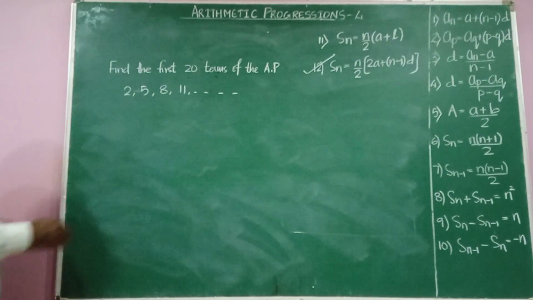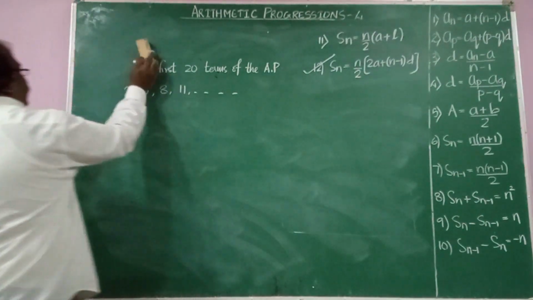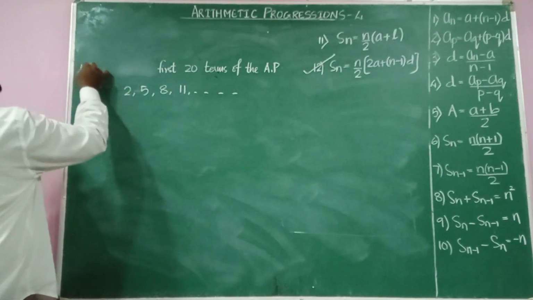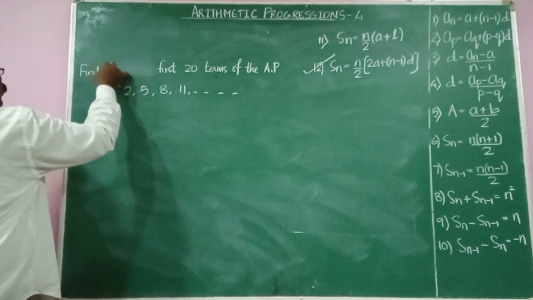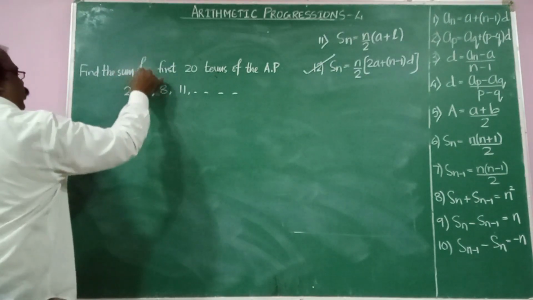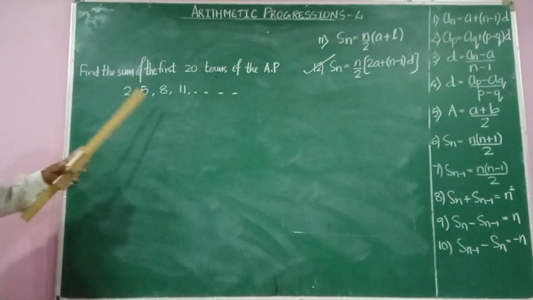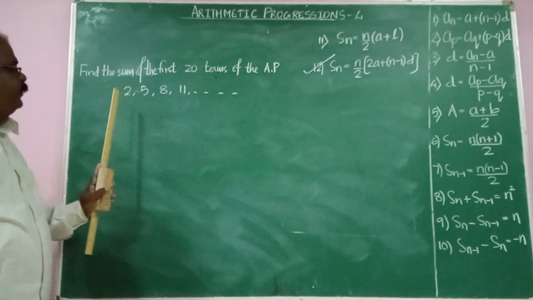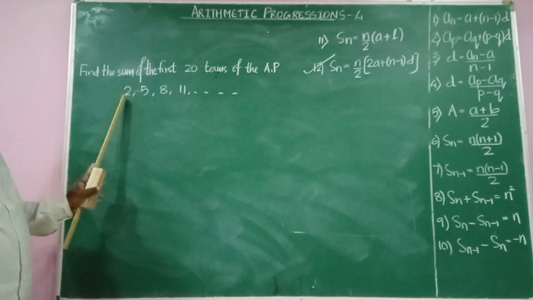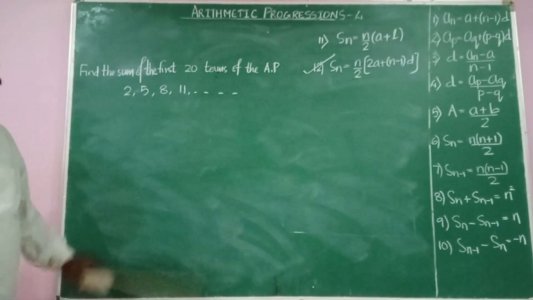Find the sum of the first 20 terms. Let me say find the sum of the first 20 terms of the given arithmetic progression 2, 5, 8, 11.